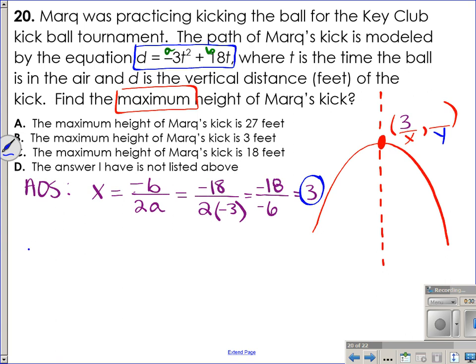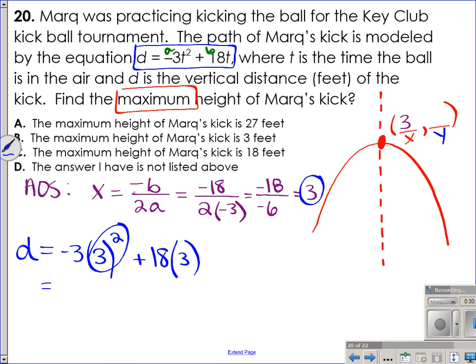So d, the distance, the height of the kick, is negative 3 times t, which was 3, that's also x, squared, plus 18 times 3. Now remember, order of operations says you have to do the exponent first. So we have to do the 3 squared first, which is 9. 3 times 3 is 9.